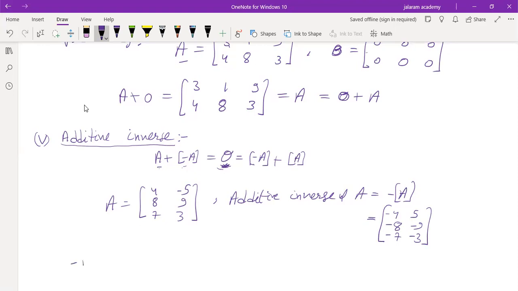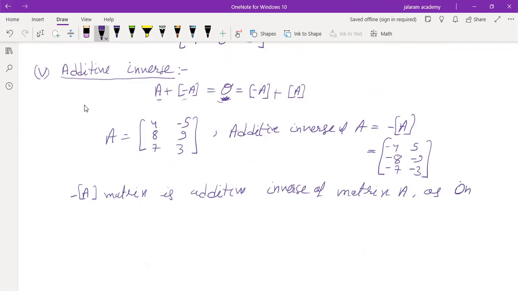Yes, sir. So minus A matrix is additive inverse of matrix A, as on adding with matrix A, it results as additive identity, null matrix.